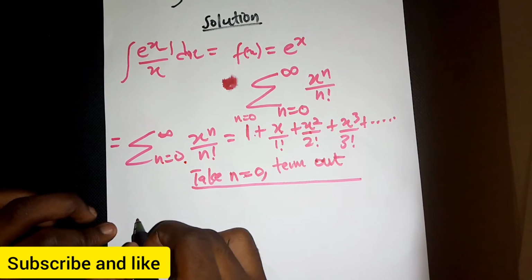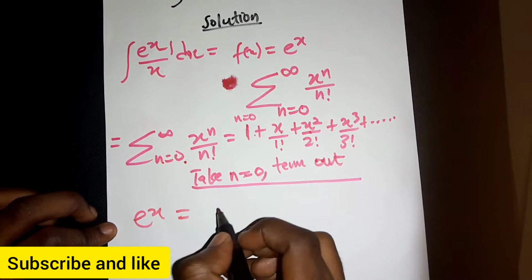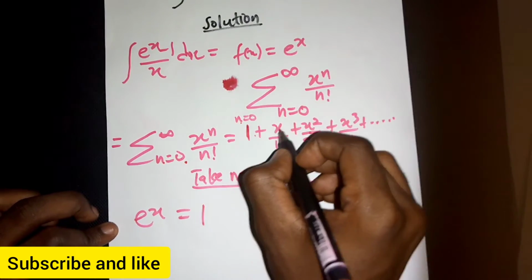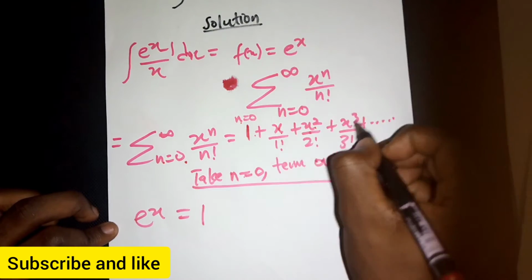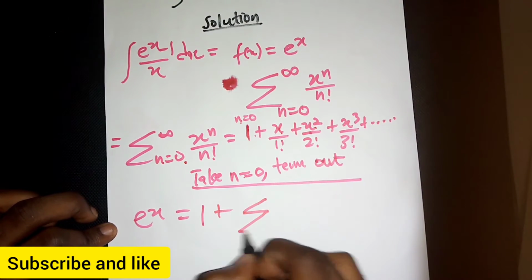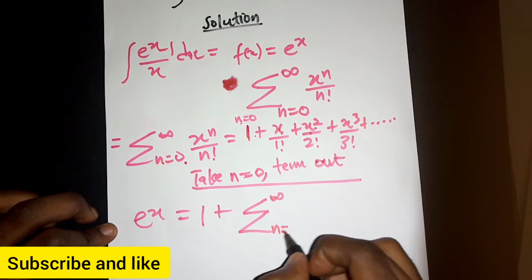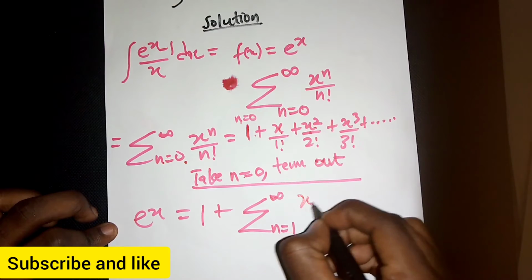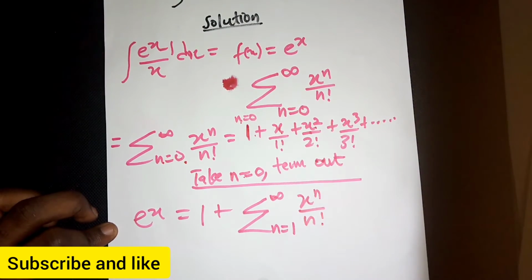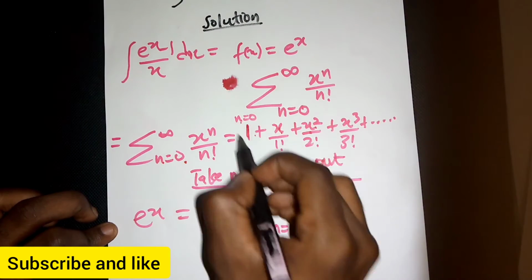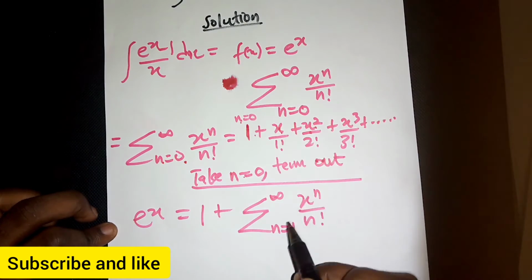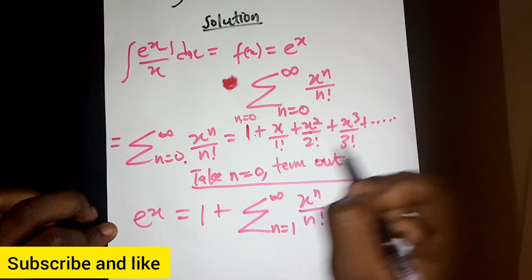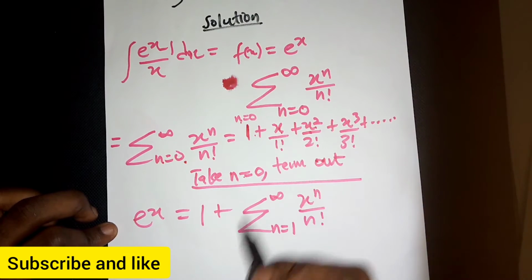Taking that term out, we have e to the power x being equal to 1, the n equal to 0 term, plus the summation from n equal to 1 to infinity, unlike this where it started from 0, of x to the power n over n factorial. So the 1 here represents when n equal to 0, then the rest are n equal to 1, 2, 3. This series represents the Taylor series.